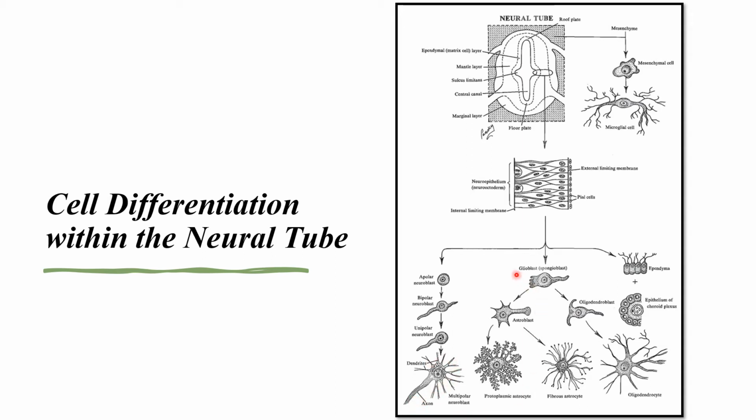So the glioblast or the spongioblast can differentiate into an astroblast or an oligodendroblast. Okay, so the astroblast can be a protoplasmic astrocyte or a fibrous astrocyte. The oligodendroblast will give rise to an oligodendrocyte.